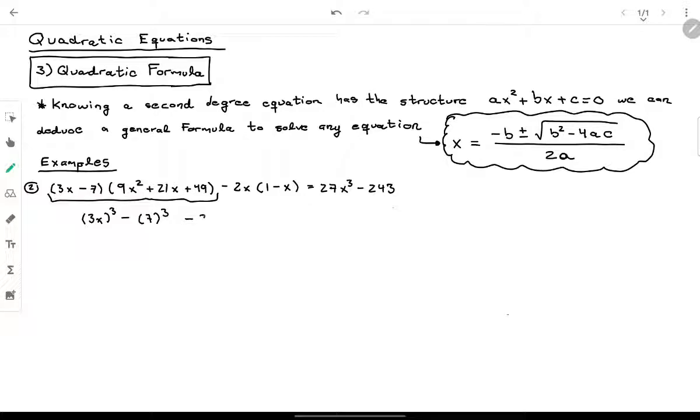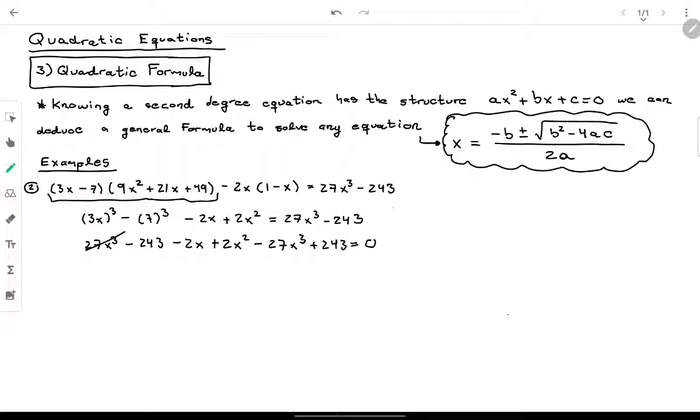Then we will continue. It's going to be minus 2x plus 2x squared equals 27x cubed minus 243. So this one is going to be 27x cubed minus 243 minus 2x plus 2x squared, and we can change them to the other side, minus 27x cubed plus 243 equals 0.